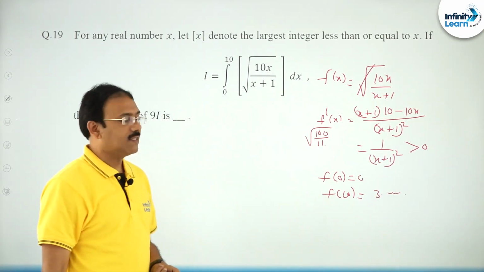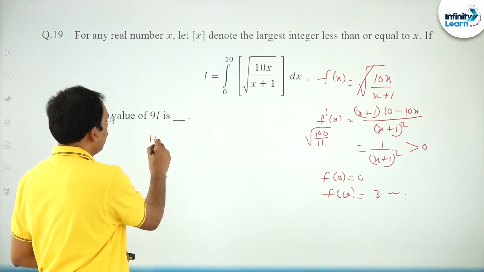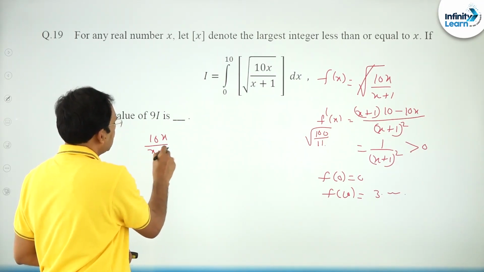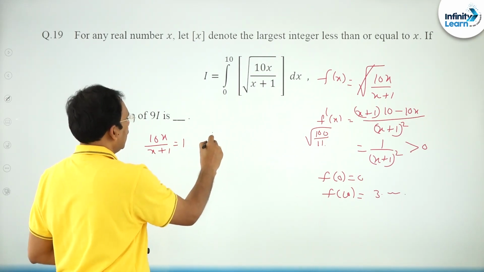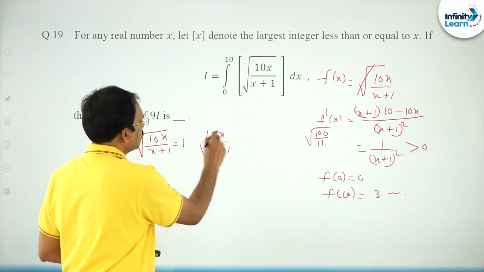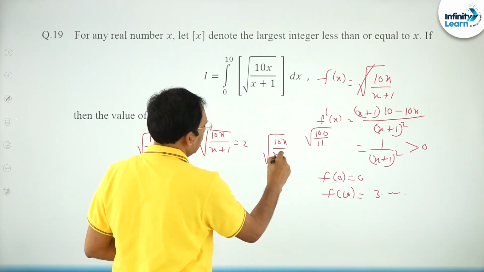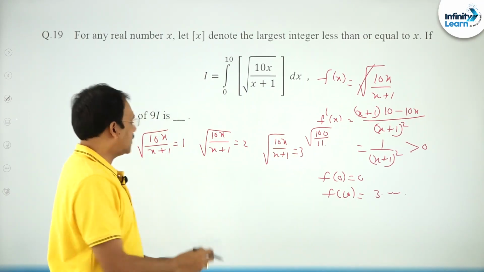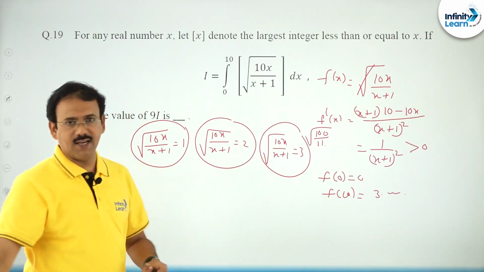That means, friends, for the step of this, you just see where root of 10x by x plus 1 is going to be 1, 2 and 3. In these 3 cases you have to find the x where we need to split the integral.